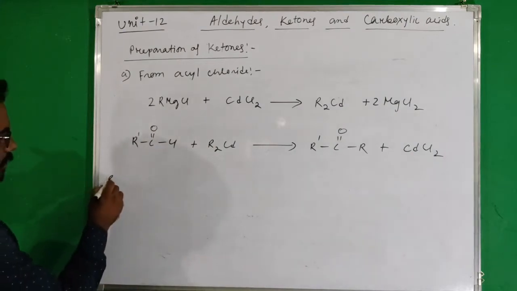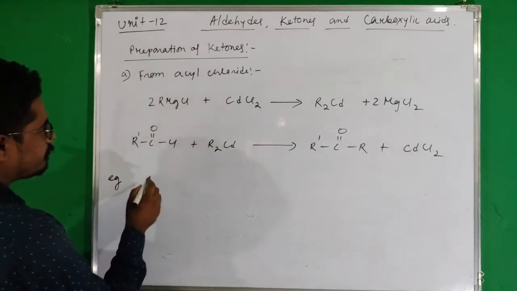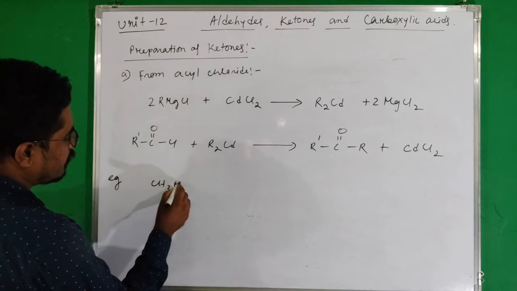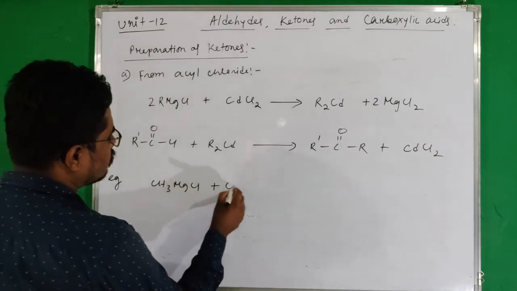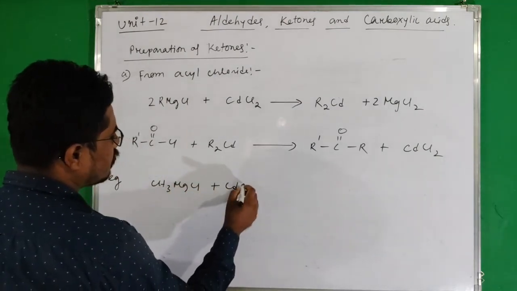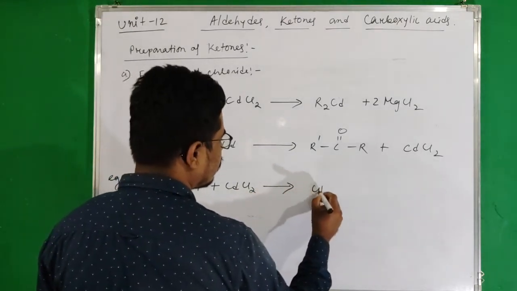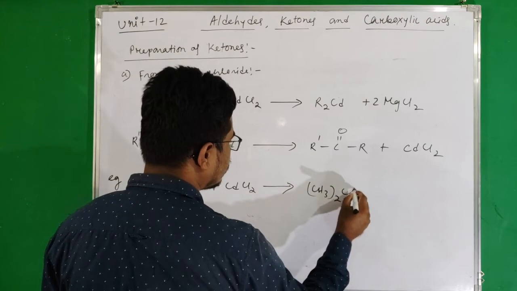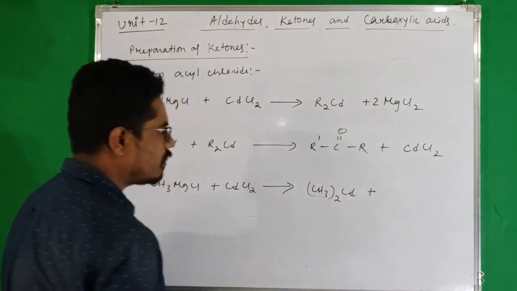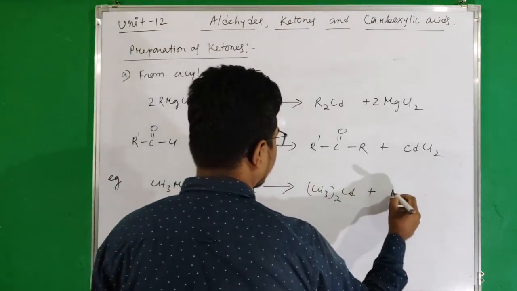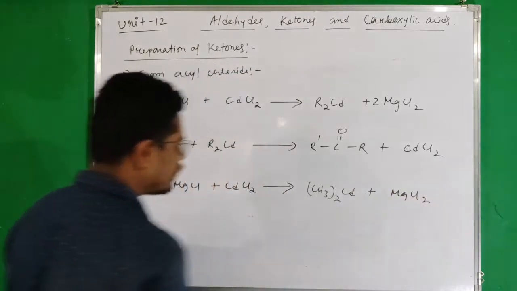For example, suppose we have CH3MgCl. When CH3MgCl reacts with cadmium chloride, we will get (CH3)2Cd, that means dialkyl cadmium or dimethyl cadmium, and then magnesium chloride.